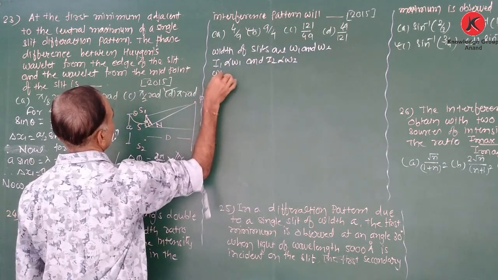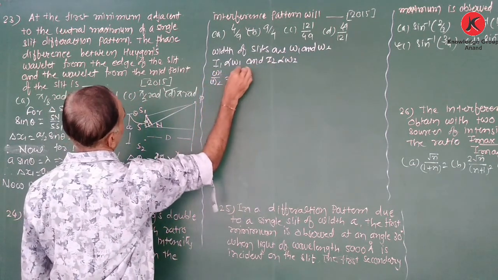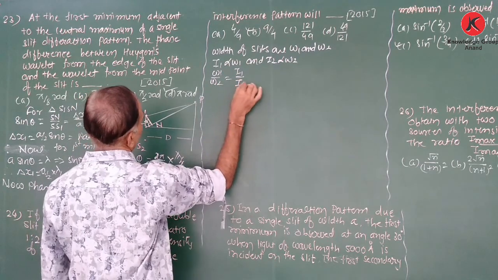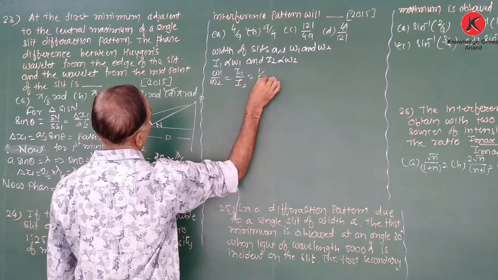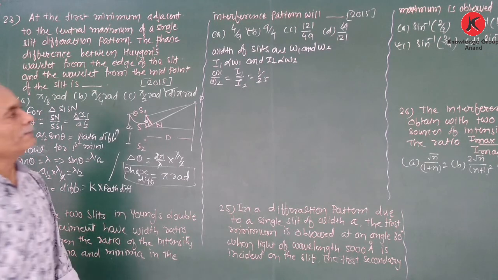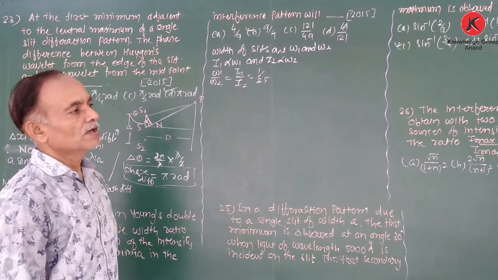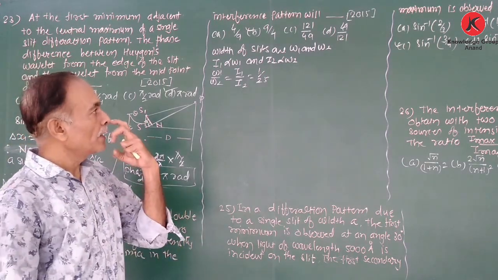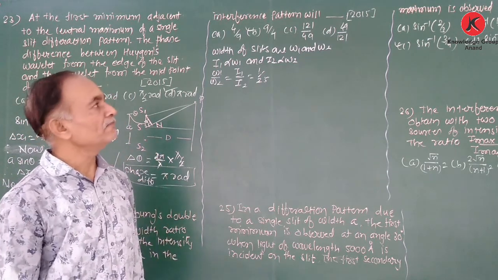This ratio is given: W1 upon W2 is equal to I1 upon I2 is equal to 1 by 25. Then what will be the ratio of the intensity of the maxima and minima in the interference pattern?